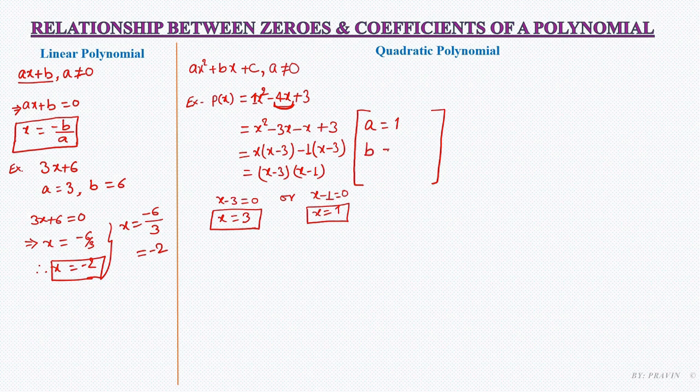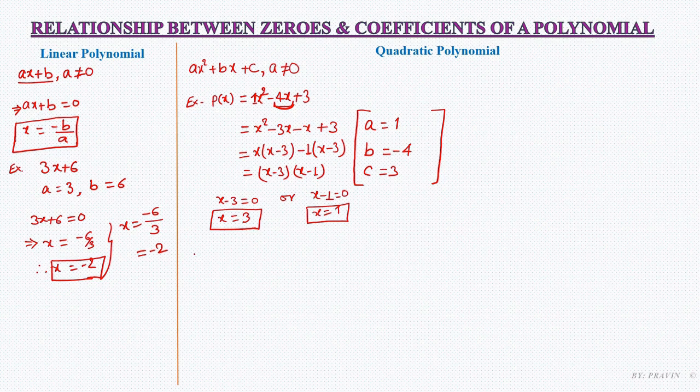Similarly b, here the sign is minus, so overall b is minus 4, and since c is a constant term, here the constant term is 3, so c is 3.